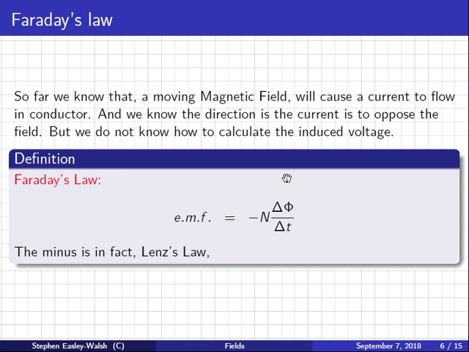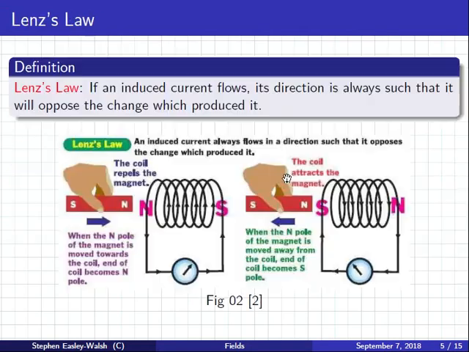Okay? So if I go back to the picture for a second, what we don't know is the voltage. You can use a voltmeter or an ammeter, doesn't matter. But if we use a voltmeter, for Faraday's law, it's a voltmeter.